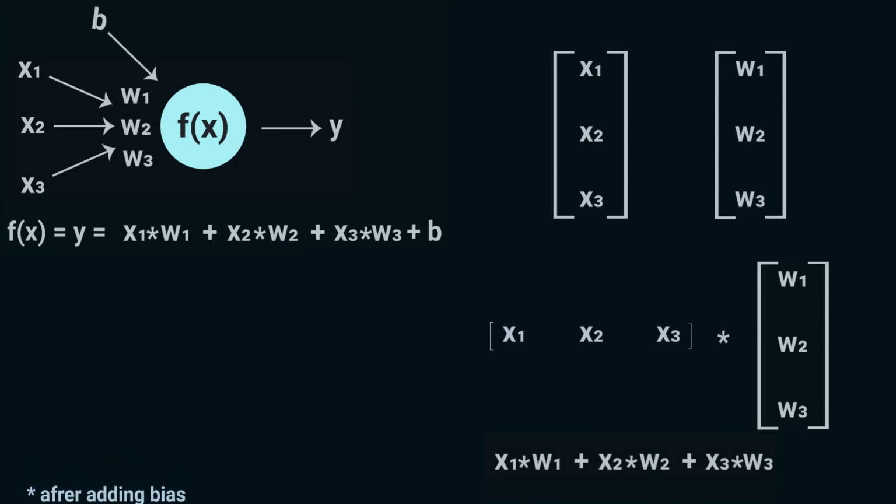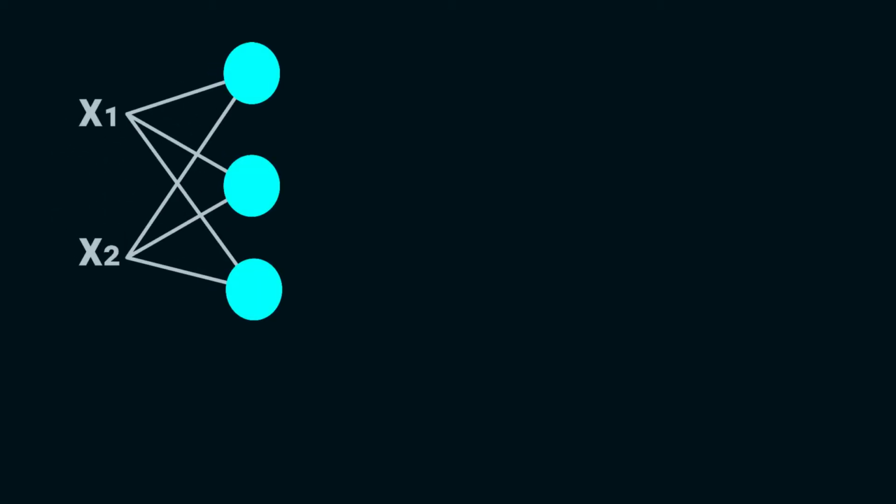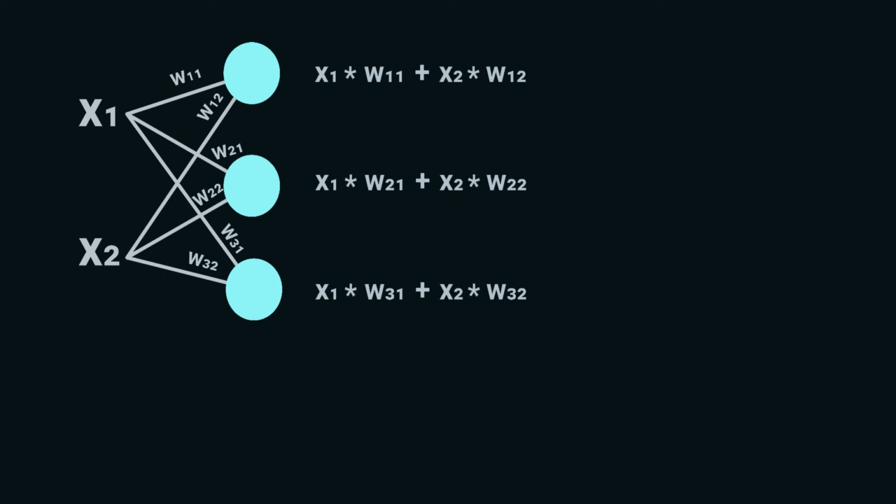Consider one more example. Here we have two inputs and three outputs. So for each neuron in the hidden layer, there will be two weights. For the first neuron, the weights are W11 and W12, which represent the weights of the first neuron from the two inputs. The weights of the second neuron are W21 and W22, and W31 and W32 are the weights of the third neuron. The three neurons perform the same operation individually.